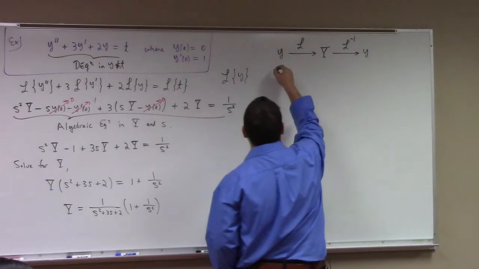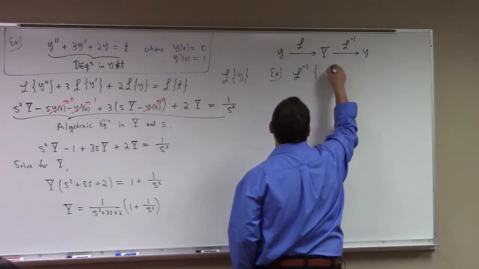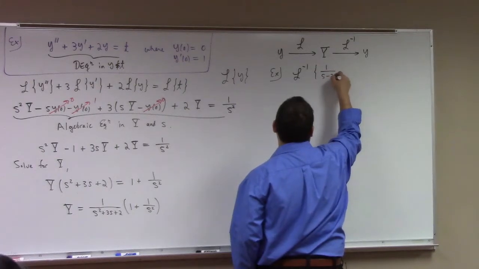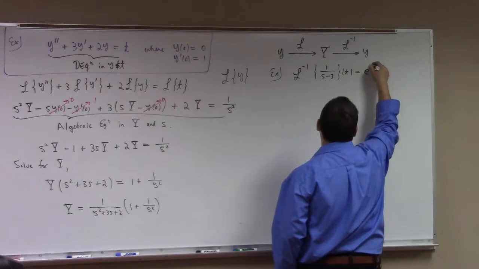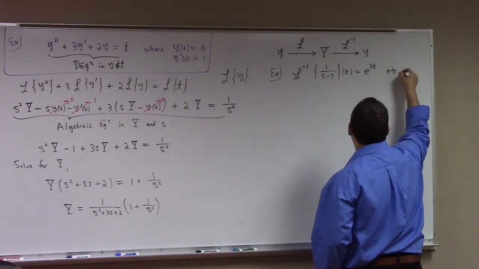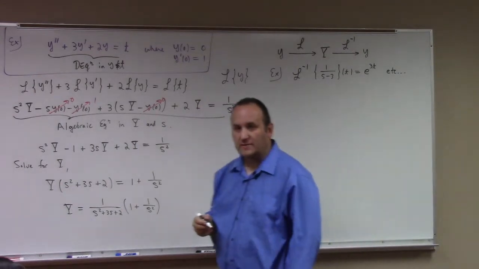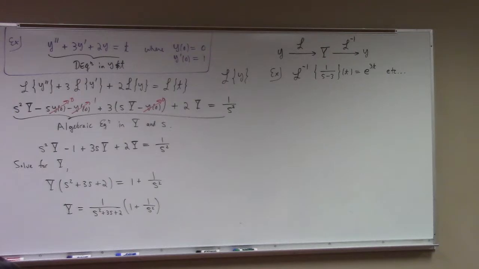For example, the inverse Laplace transform of, say, 1 over s minus 3 is a function of time, and it's e to the 3t. In other words, to calculate inverse Laplace transforms, rather than going from the left column in table 7.1 to the right, we go the other way, from the right column to the left. That's the inverse transform.